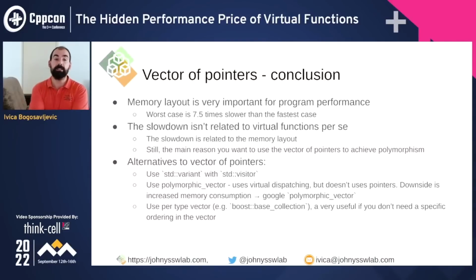So what are the alternatives to a vector of pointers? There are several of them. One is to use std::variant with std::visit. So instead of using an array of pointers, you use an array of std::variants, and you use std::visit to achieve polymorphism. It's not a nice way to do it, but it's possible if performance is important, and these two classes are available in the C++ standard.